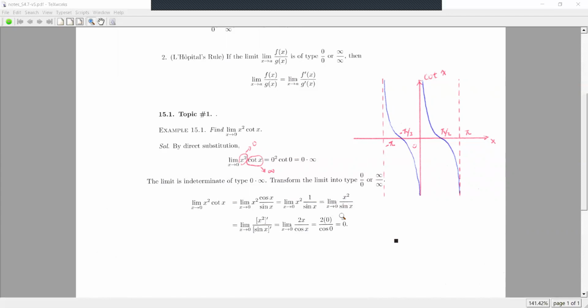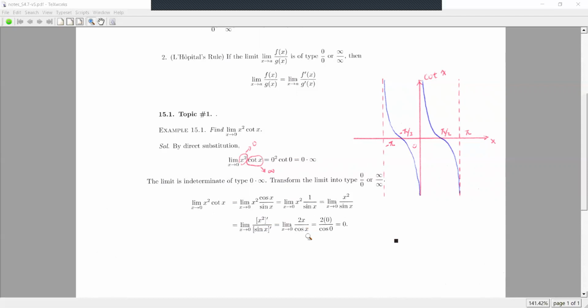But because this difficult limit is of type 0 over 0, I can apply L'Hopital's rule. So by L'Hopital's rule, this limit is equal to the limit of the derivative on the top over the derivative on the bottom. Then we get this limit.